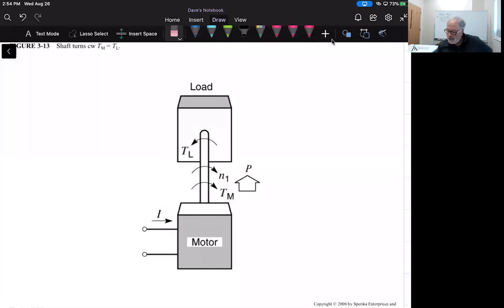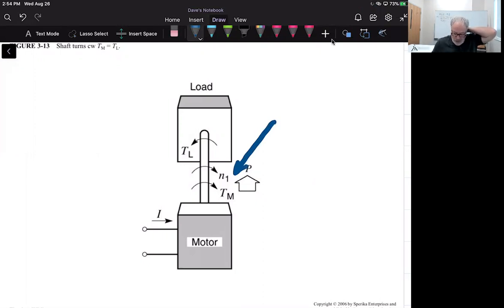So as we look here at figure 3.13, what we're seeing is that the motor torque is in the same direction, or clockwise, as the speed of the system.